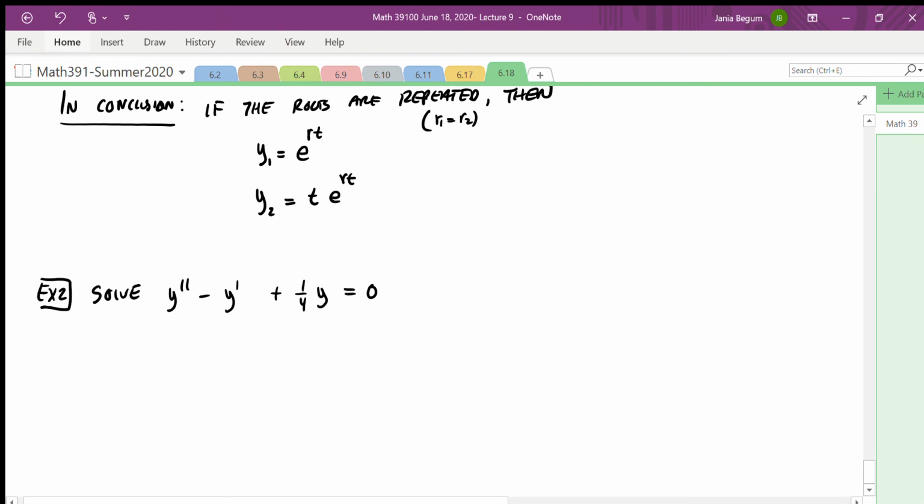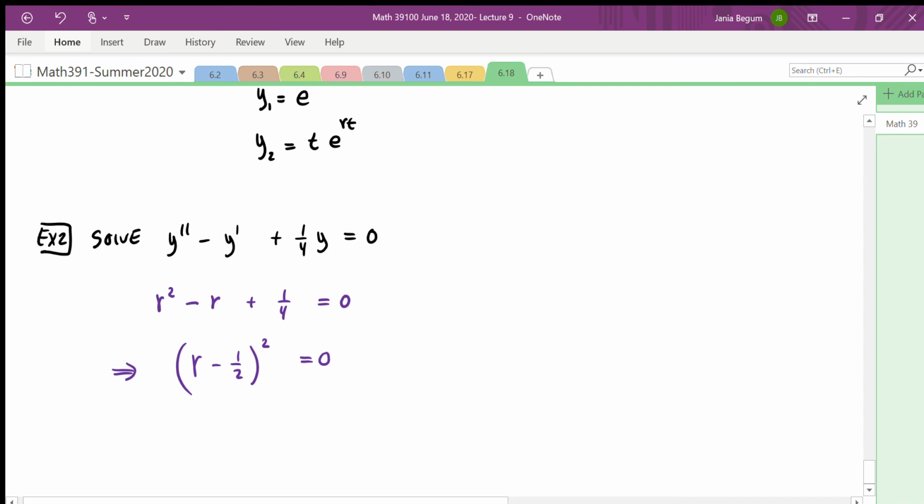Okay, so we have r squared minus r plus 1/4 equals 0. If you don't like fractions, you can go ahead and multiply both sides by 4, get rid of the fraction, but I'm just going to go ahead and factor this. So I can factor this into r minus 1/2 squared equals 0. I think that will do. Yep, that works. So that means we have r1 equal to r2, which happens to be 1/2. So we have real repeated roots.